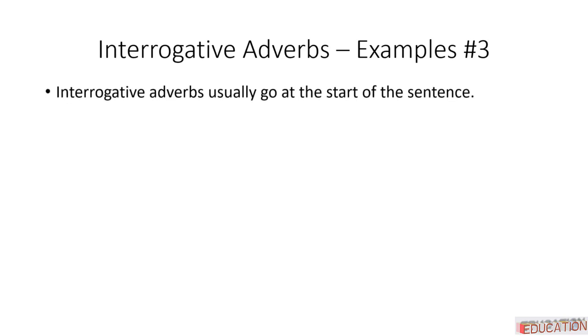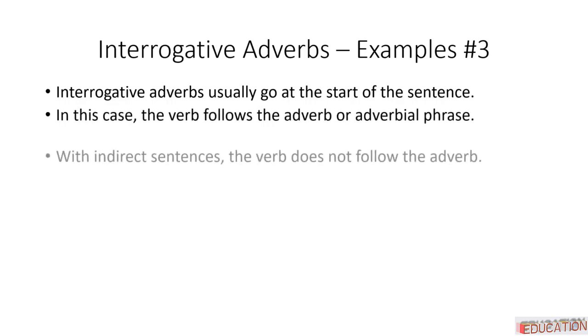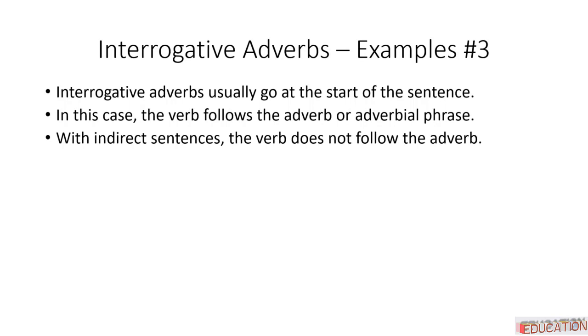And as we said at the start, interrogative adverbs usually go at the start of the sentence, and all the examples we've seen up to now have followed this rule. But with indirect sentences, the verb does not follow the adverb. The direct question that we've had before is, where is the treasure buried?